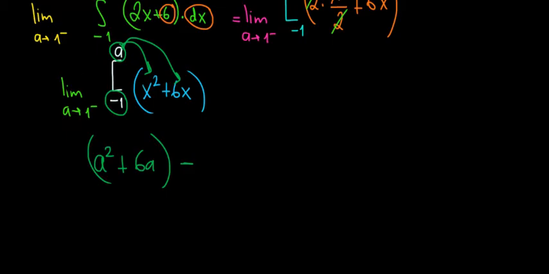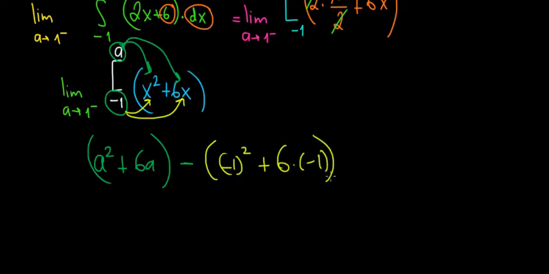We put -1 over here, so we have -1 to the power of 2 plus 6 times -1. Close that bracket, and we also have to keep the limit of a approaching 1 from the negative side of all this.